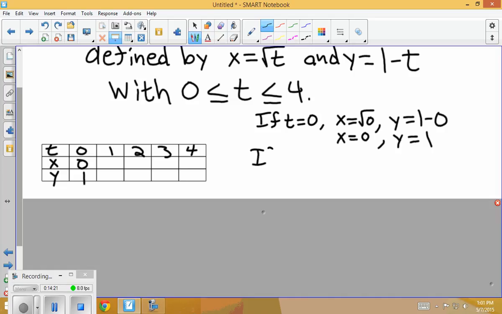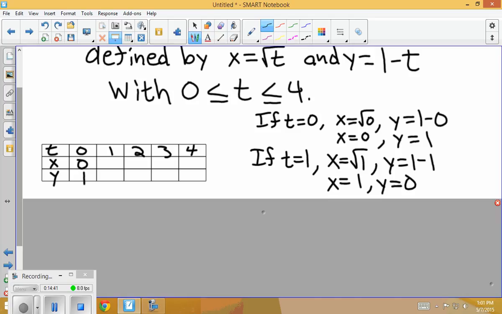If t equals 1, then x is equal to the square root of 1. y is equal to 1 minus 1. So we are simply taking our values of t and substituting them in for t into these equations to get our coordinates x and y. So x is 1, y is 0 in this case. And in this way, we could fill out the rest of the table.